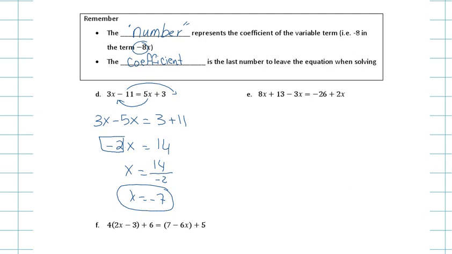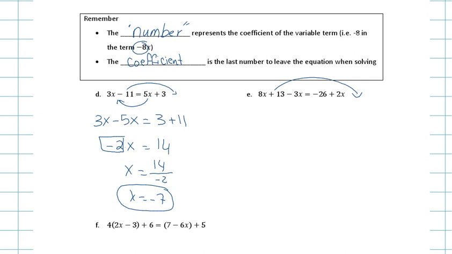What should I do with E? Bring 13 over and make it negative 13, that's good. What else? Bring 2x over and make it negative 2x. Excellent.